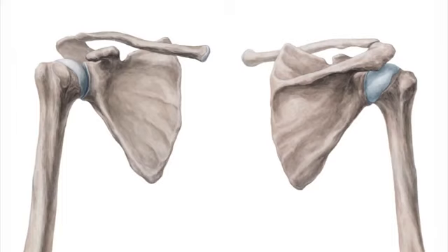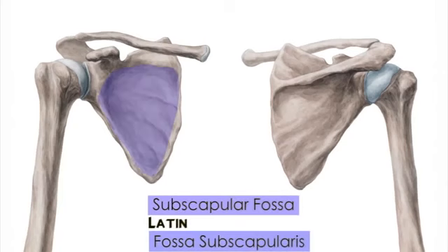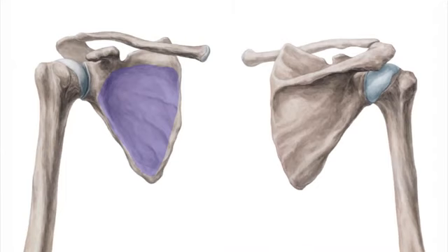This is a flat and slightly concave structure known as the subscapular fossa. Now, if you look to the image on your right, this is the posterior view of the scapula, and here you can also see a few structures that are specific to the posterior side.